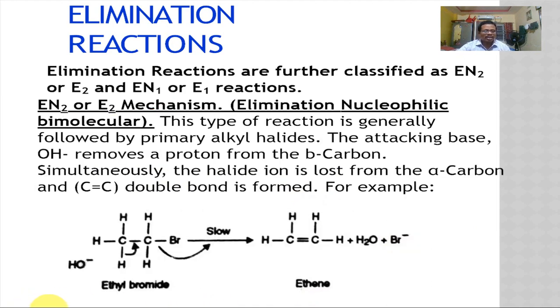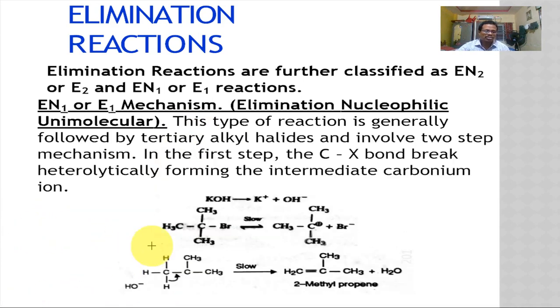Now you can imagine what E2 will be. E2 is the same, but with primary halides, that is, primary, or 1 degree. This carbon is a primary carbon because it is attached with only one carbon. Have you seen the previous reaction? That carbon was attached with three different carbons.